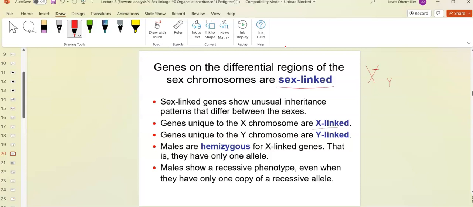It could be X linked because it's on the X chromosome, or Y linked because it's on the Y chromosome. Because males only have a single copy of X, they don't have two copies of all of the genes. We call that hemizygous. They only have one allele. They don't have two. Females would have two of that particular allele, and so those would be homozygous.